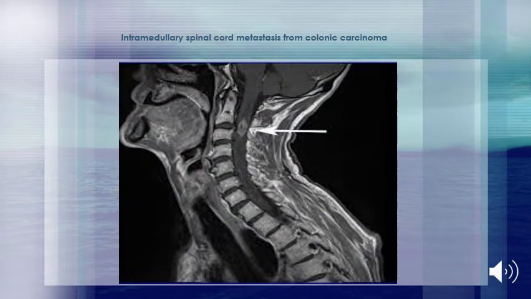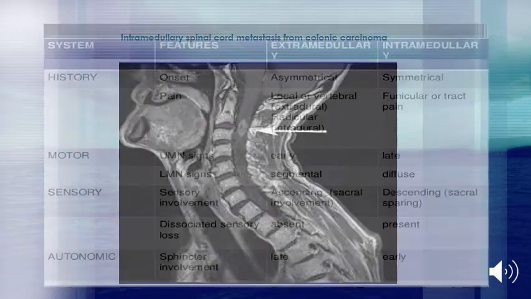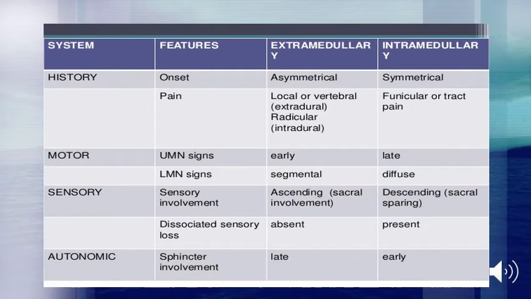This image shows you an intramedullary secondary metastasis to the spinal cord from colonic carcinoma. This slide shows you the different signs and symptoms of extramedullary and intramedullary lesions and how to differentiate between them. Start with history.